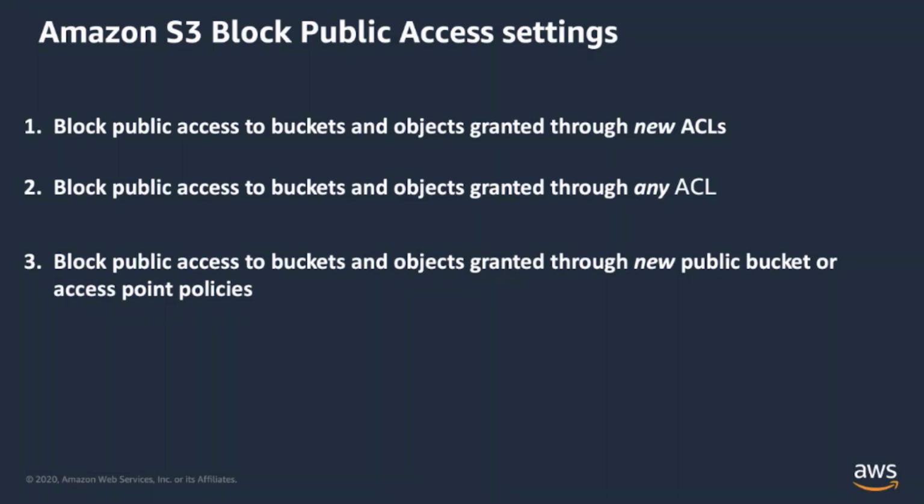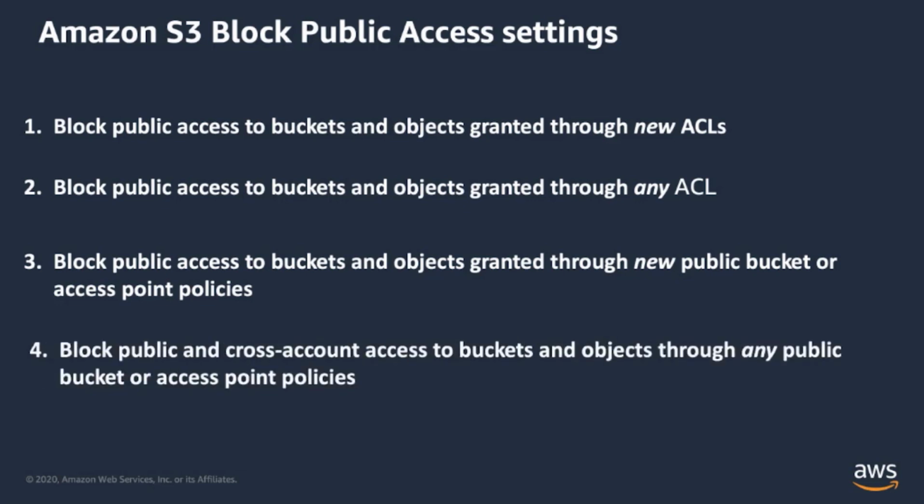They're just very similar to bucket policies. And if you try to create either one of those that is public, then the putting of those policies will be denied. And finally, block public and cross-account access to buckets and objects through any public bucket or access point policy. So if you already have an existing bucket policy or access point policy that grants public access, then that request would also be denied.